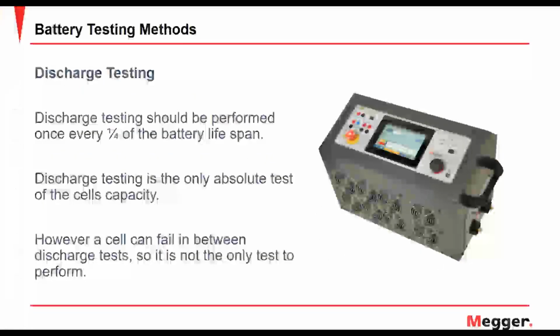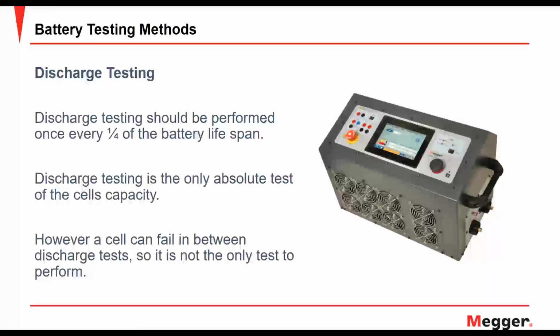Another very important and absolute test is the discharge test. This is a test where you discharge the battery. It's the only absolute test that can give you the actual capacity of your battery or cell. This test is not recommended to be done over very short periods or very regularly. It needs to be done over years, or basically every quarter of the battery lifespan.